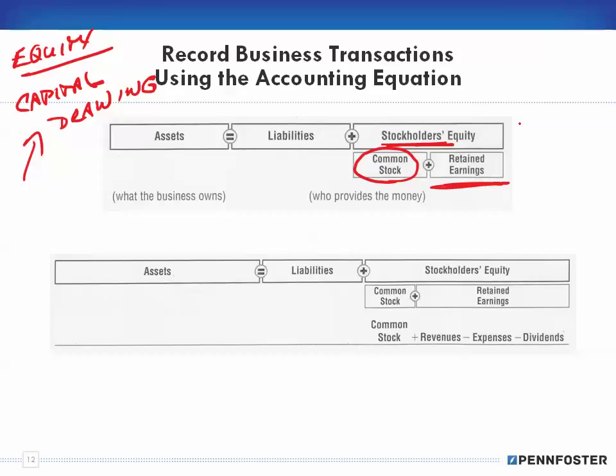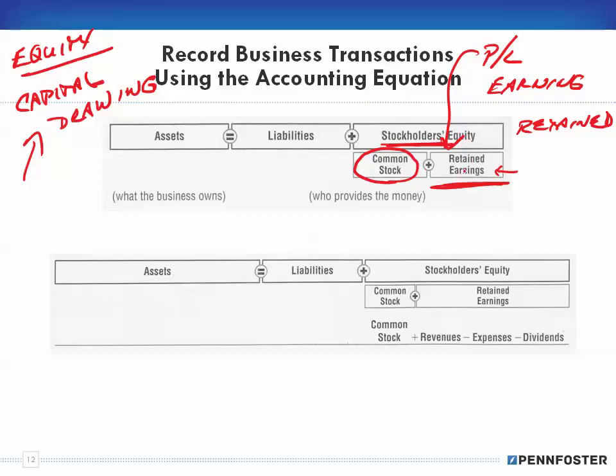So a separate account is called retained earnings, and notice the terminology: earnings, which is your profit or loss, and retained, which means what you're keeping. That retention goes forward from accounting period to accounting period, so all of our profit or loss gets transferred into a retained earnings account.